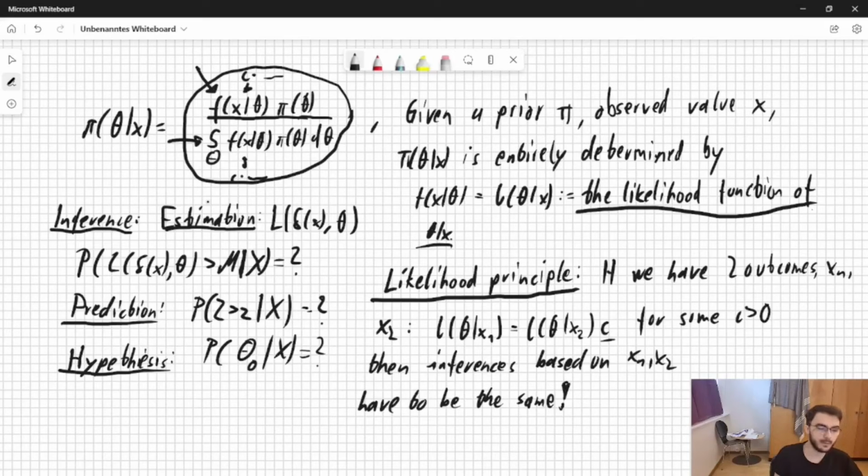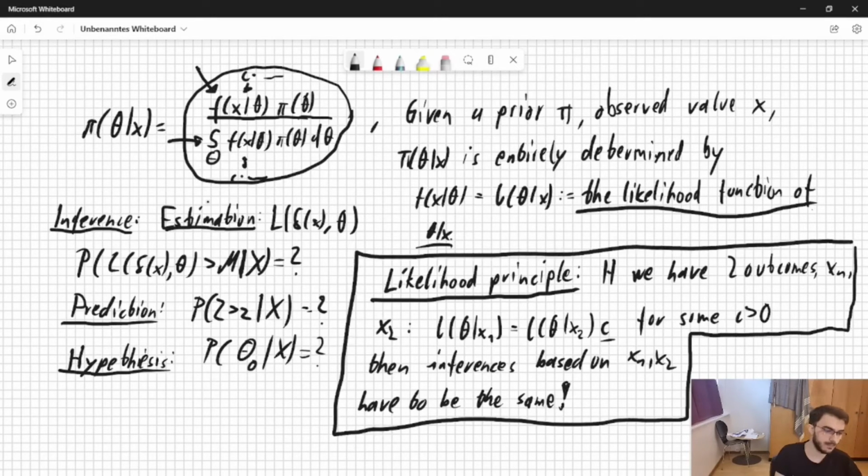This is a very fundamental principle of Bayesian statistics. And the rest of this video is going to be taking this principle and seeing what other kinds of principles can be derived from that which we care about and want to have.